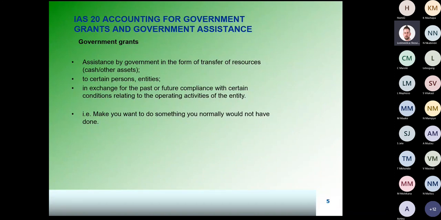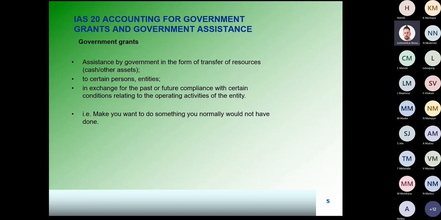Right. It's also linked to the entity, and in exchange for past or future compliance with certain conditions relating to the operating activities of the entity. All right, so transfer of funds or assets to a certain entity, and there are certain conditions that must be met.